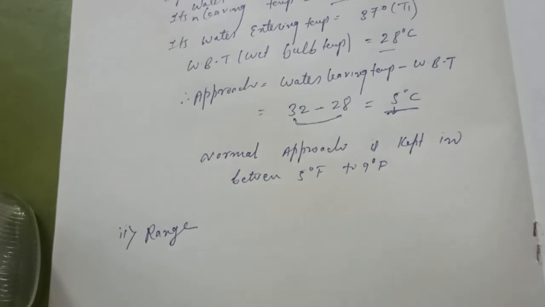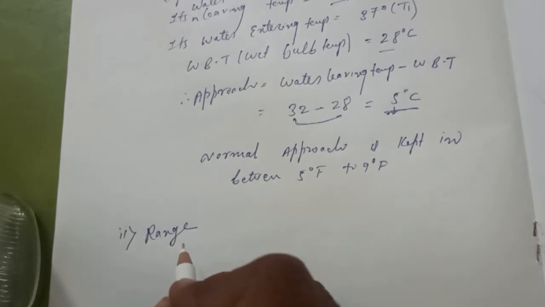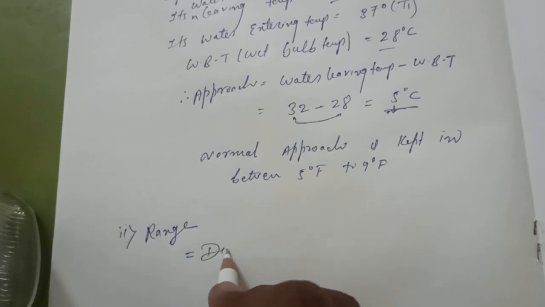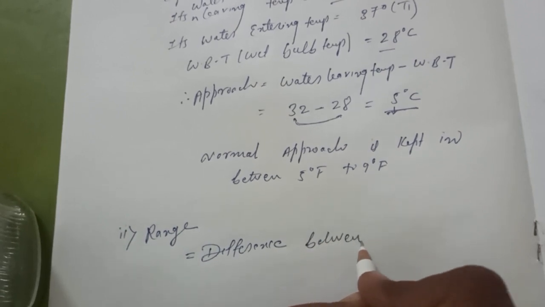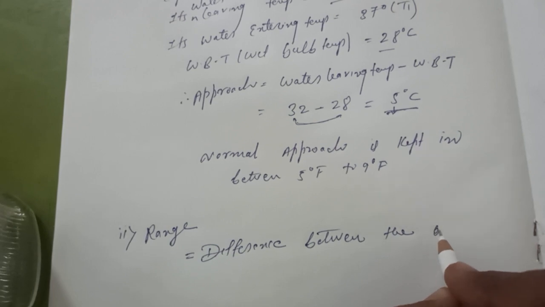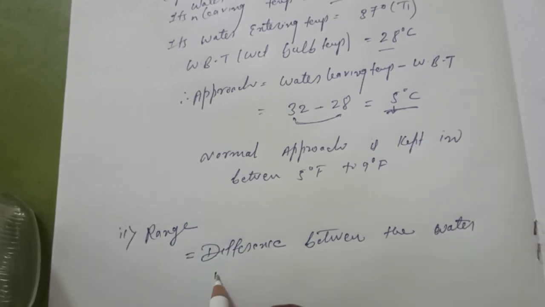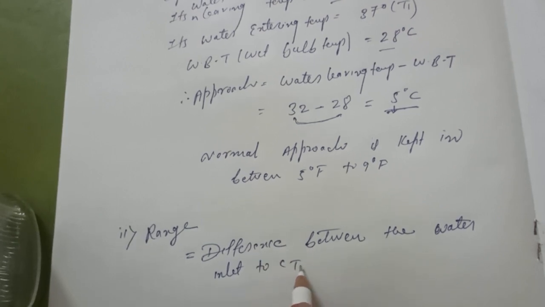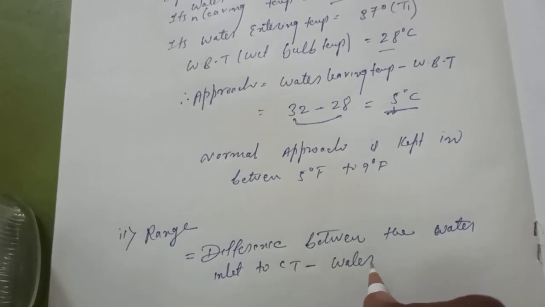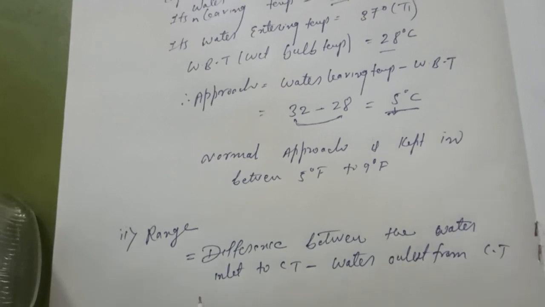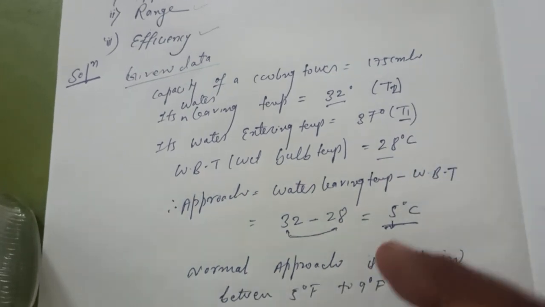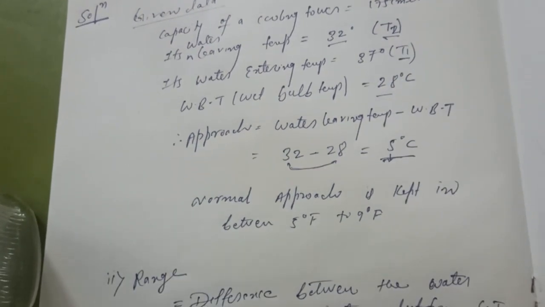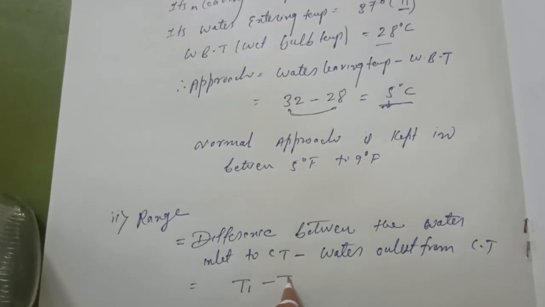Range is the difference between the water inlet to the CT and the water outlet from the CT. Water inlet to the CT is T1 and water outlet from the CT is T2. This means T1 minus T2.